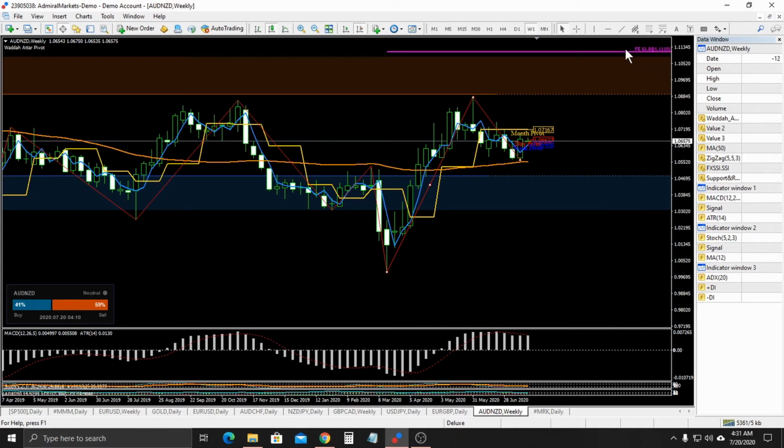So up here is where I'm looking to take my first profit. Now this right here is a zone of resistance, and the take profit is just a little bit above that, but I've traded it enough to see that it can possibly break through this and get to this point right here. So that's a little setup that I wanted to share with you guys.